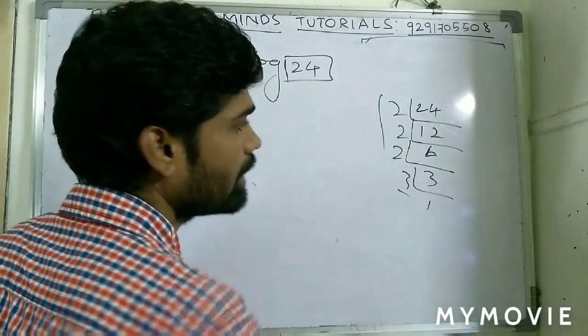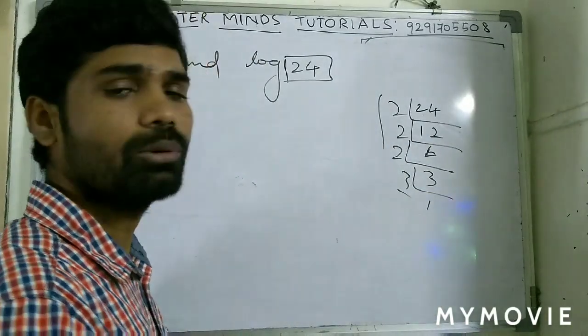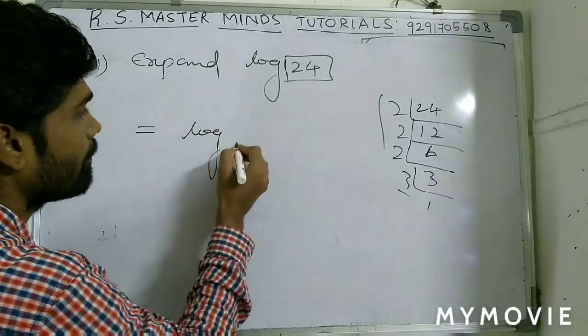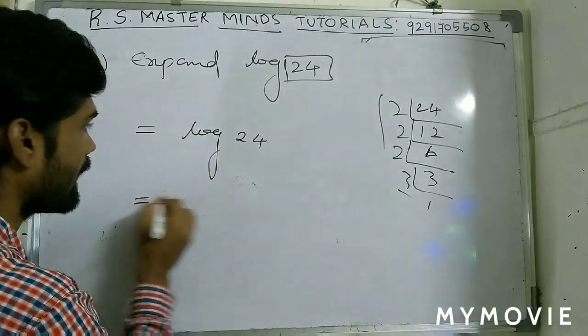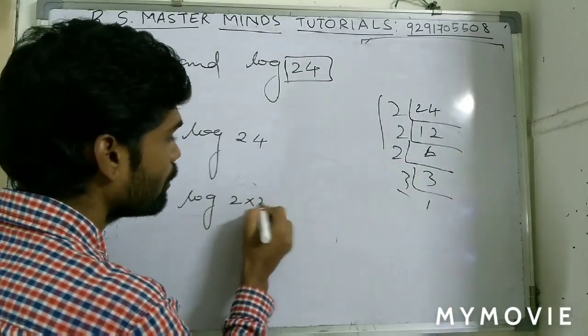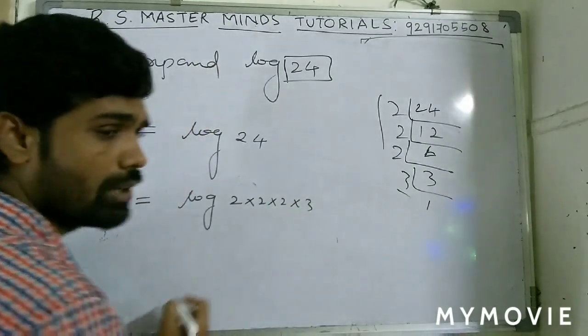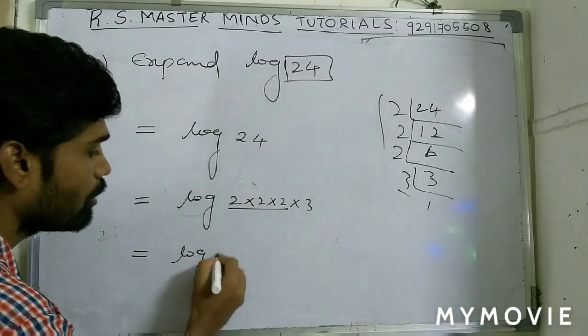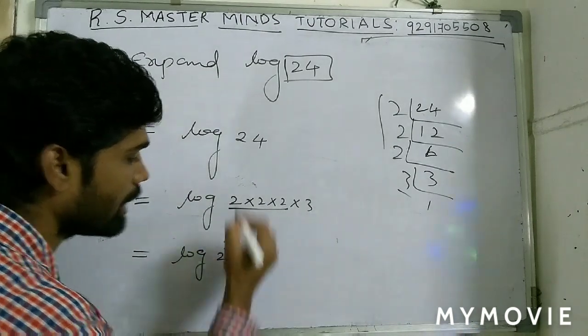So overall, 24 is 2 power 3 into 3. Now log 24 can be written as log of 2 into 2 into 2 into 3; instead of this you can also write it directly. So log of 2 power 3 into 3.